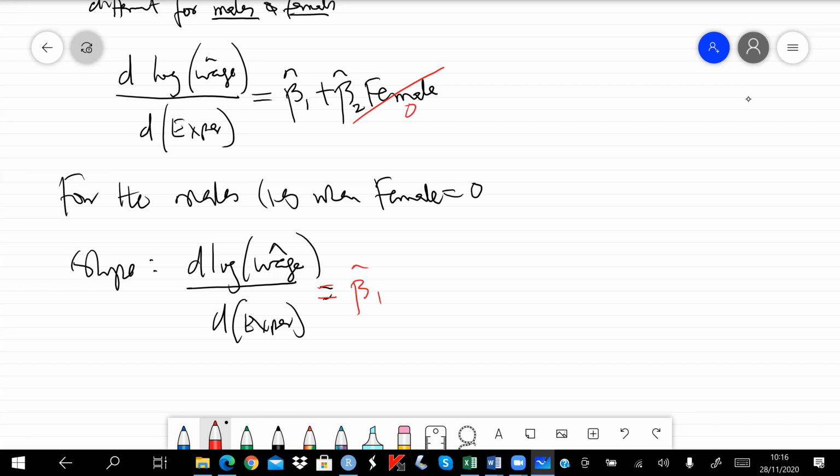So beta 1 is the slope for the males, is the effect of experience on the wage for the males.